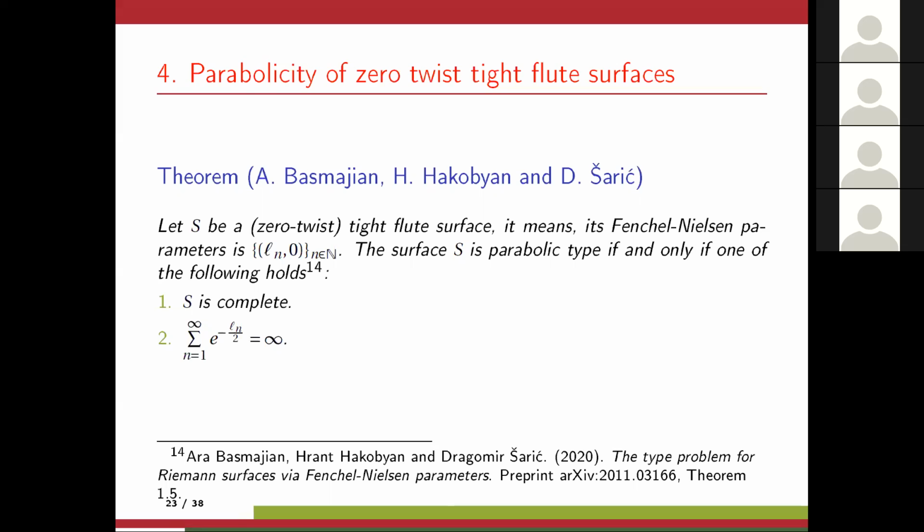The first one: the surface is complete with respect to the hyperbolic metric, or the series defined by the Euler number raised to the power negative length parameter diverges. So we need to use this theorem to prove our main result.